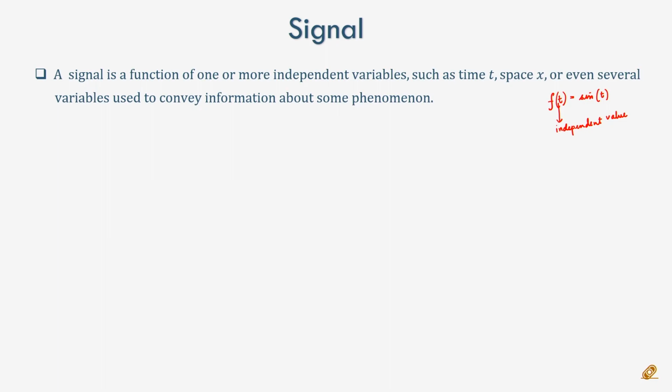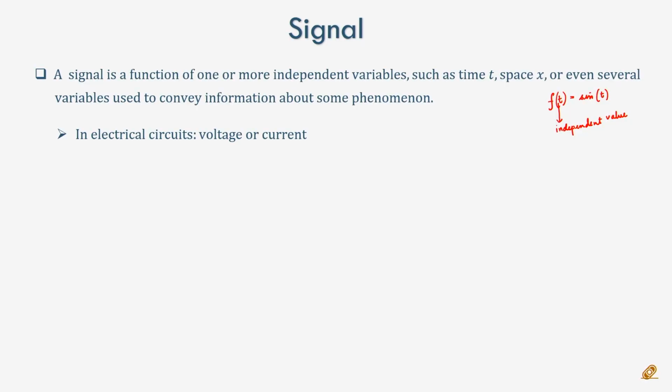Because if we represent a physical quantity with a mathematical object, we can do the analysis on that mathematical object on a pen, on a paper, or on a computer, and then see how it will behave without affecting the physical system. And then after we are satisfied with what we wanted to do with the system, whatever mathematical results we get, we try to translate that back into the physical system. So that is what a signal is.